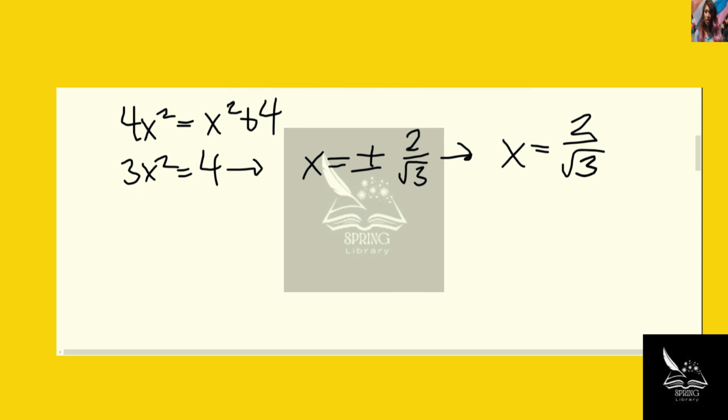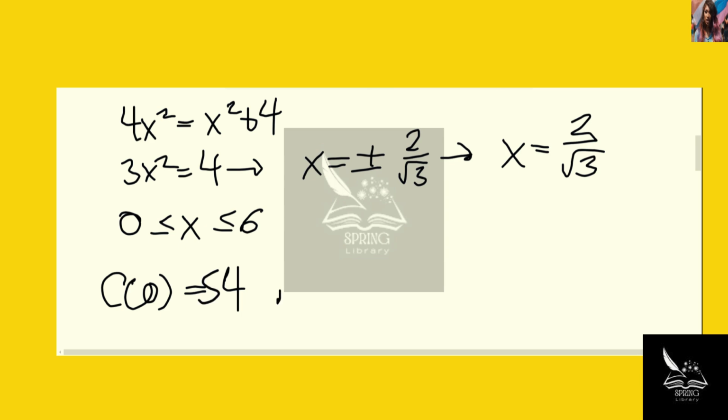Now, x can be as small as 0 and as large as 6. So this is a problem finding the absolute extremum of a function on a closed interval. So let's compare the cost at x equals 0, 6, and 2 over root 3. So we have C of 0 is equal to, if you plug this in, 4, and this is in millions of dollars.